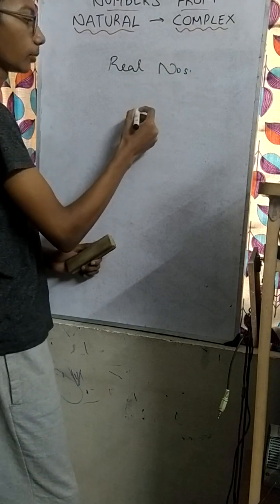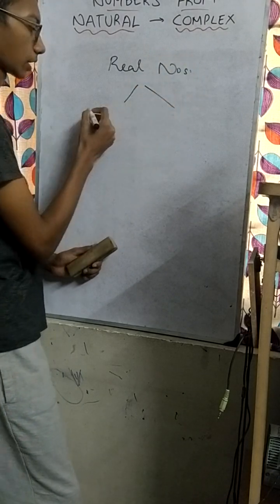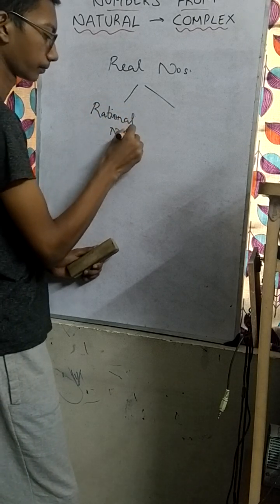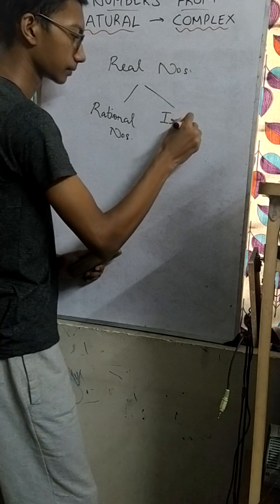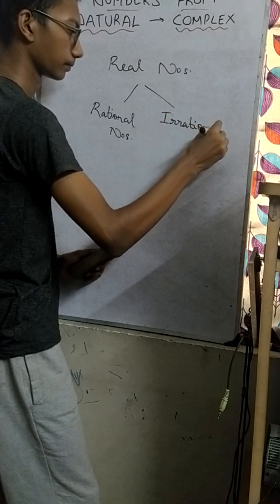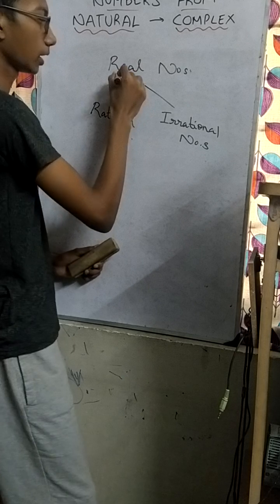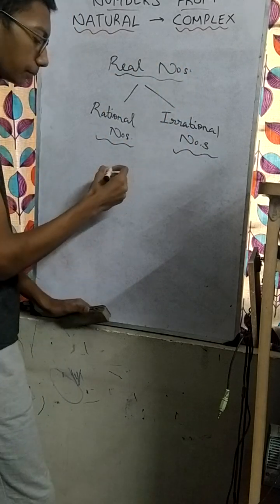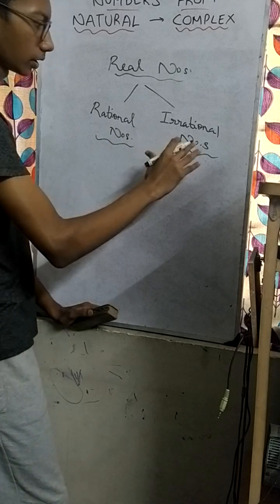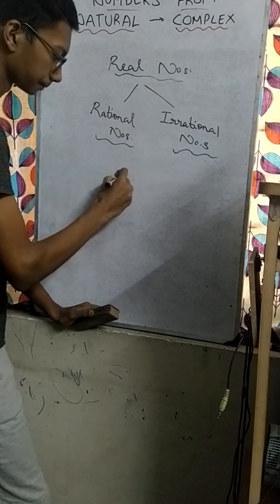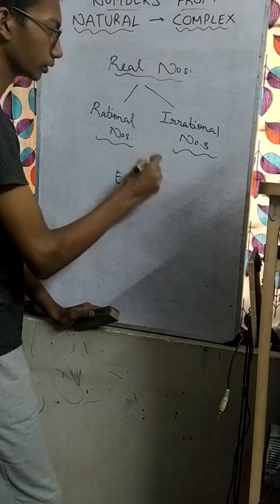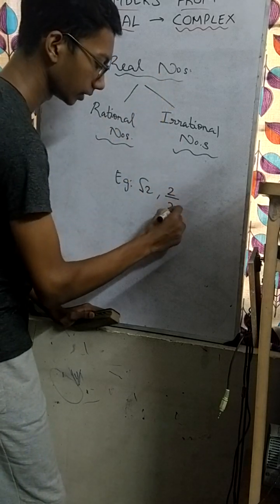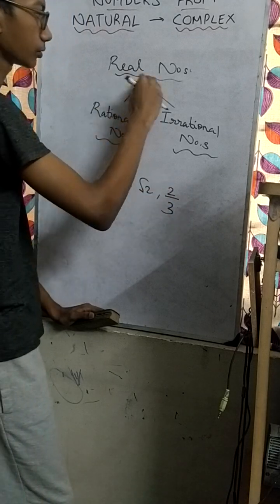So the thing about real numbers is it is just two numbers combined, that is rational numbers and irrational numbers. So real numbers refers to both rational numbers and irrational numbers. For example, any rational number or irrational number comes under real numbers. Root 2 is a real number since it is an irrational number. 2 by 3 is a rational number, so it comes under real numbers.